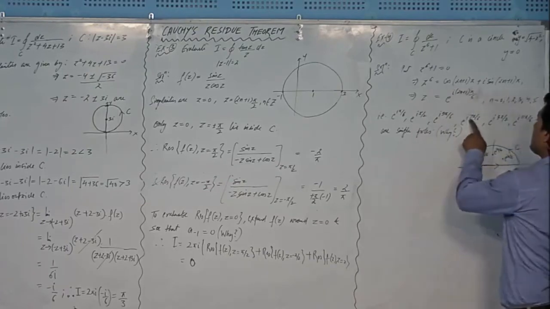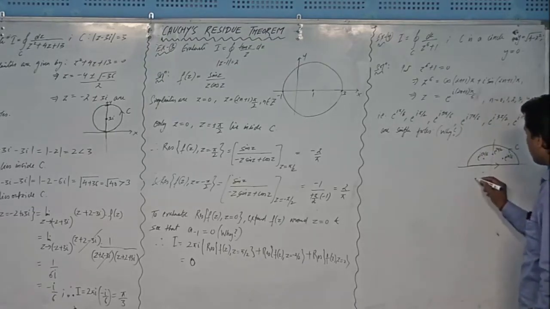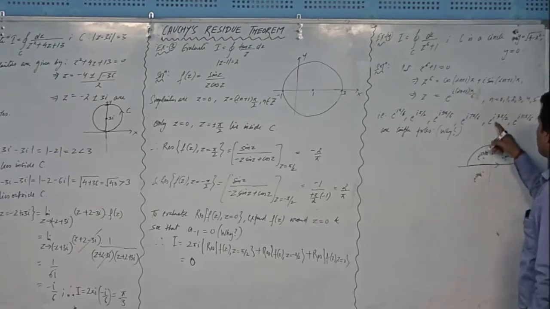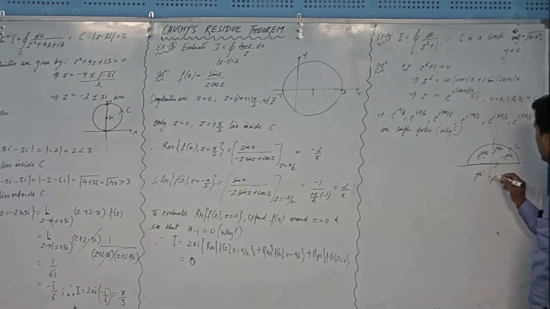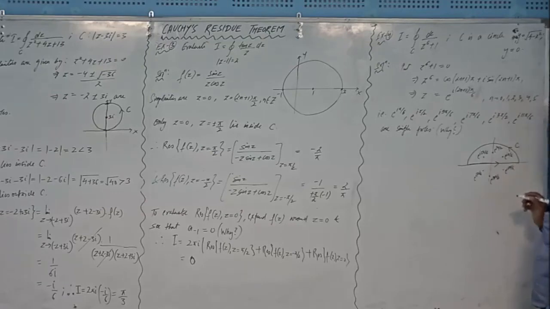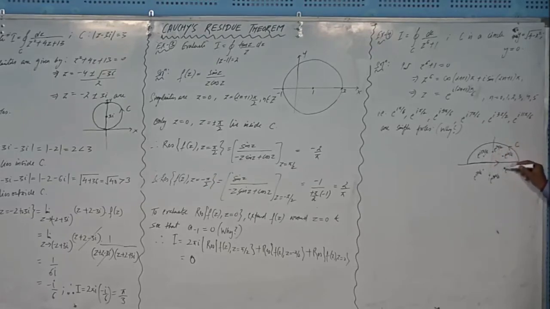And what about these values? 7 pi by 6 will lie outside. And then e to the power iota 3 pi by 2 will lie here, and the last is e to the power iota 11 pi by 6. So you can see that all of these poles lie on the boundary of a unit circle, right?